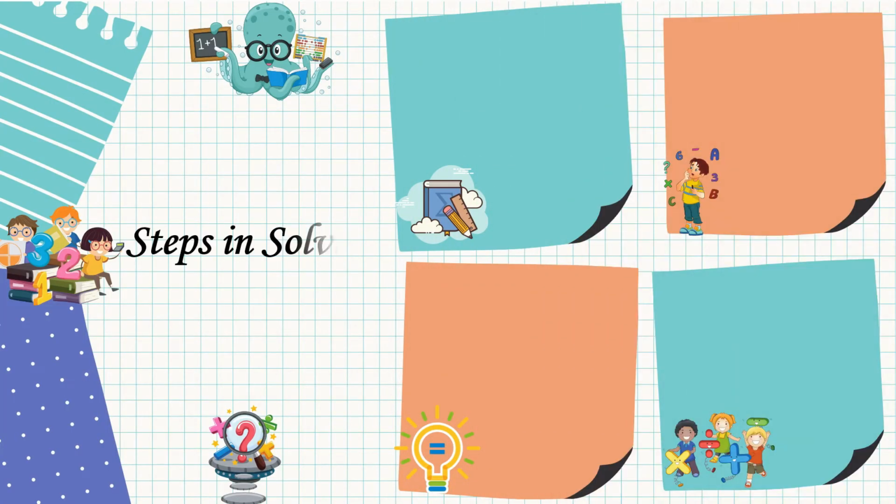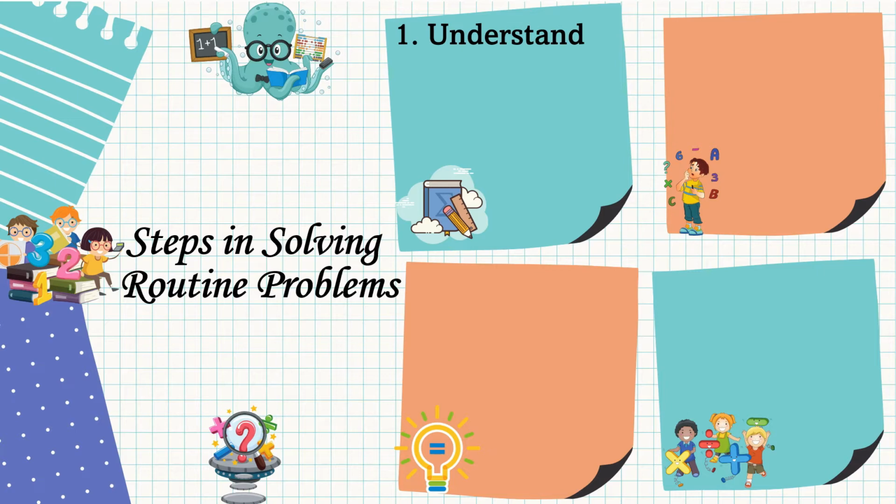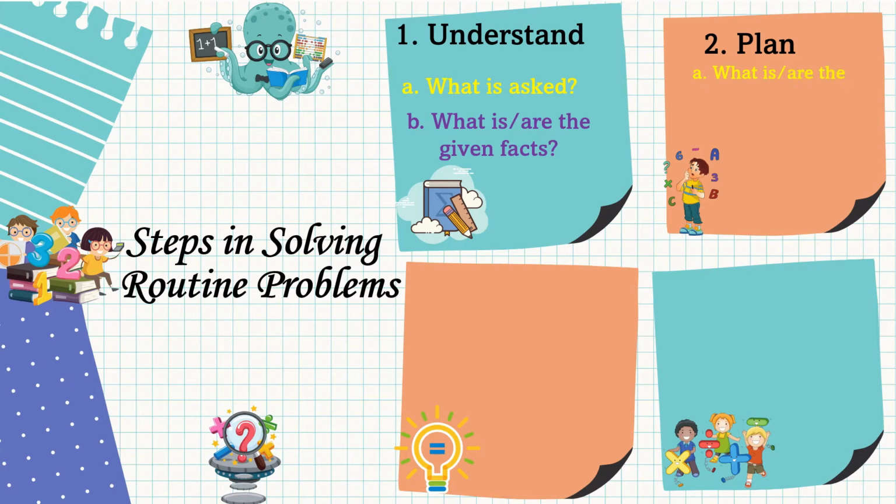These are the steps in solving routine problems. First, we should understand the problem. In understanding, read the question twice or thrice, then know what is asked and what are the given facts. Second, formulate a plan. In planning, consider the following: know what operations are to be used and what the number sentence is.